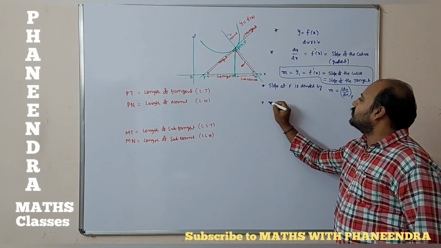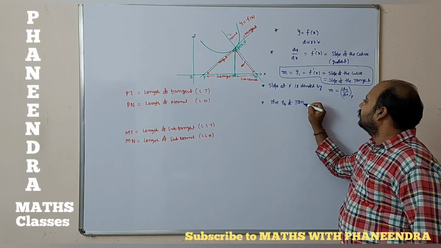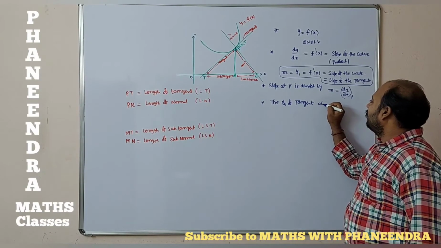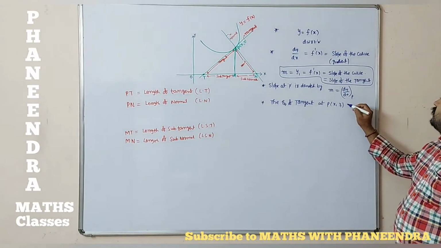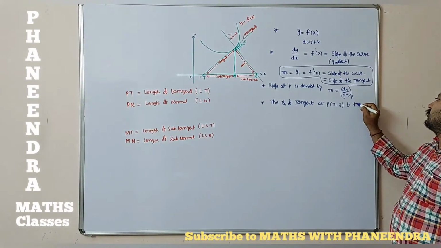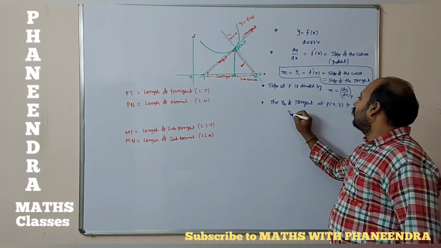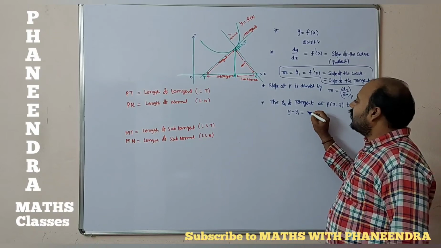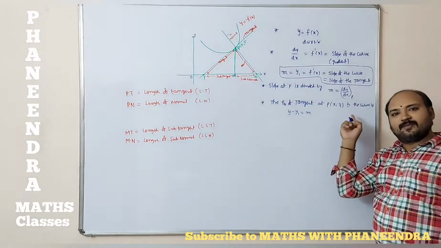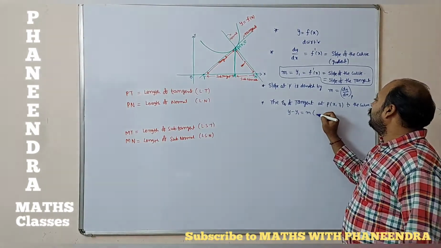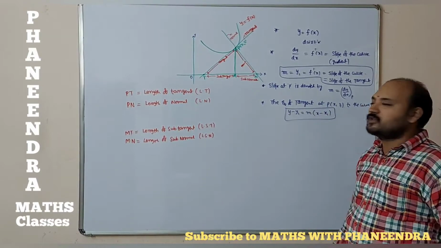So the equation of tangent at P of x1 y1 to the curve is y minus y1 equal to m into x minus x1, where m is either y1 or f dash of x or dy by dx at P, you can substitute. This is the tangent equation.